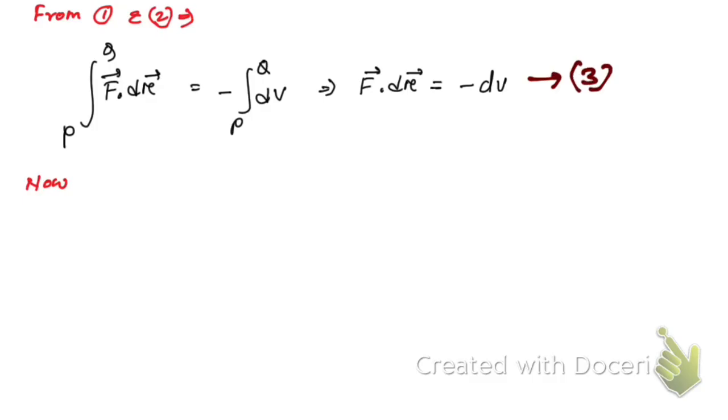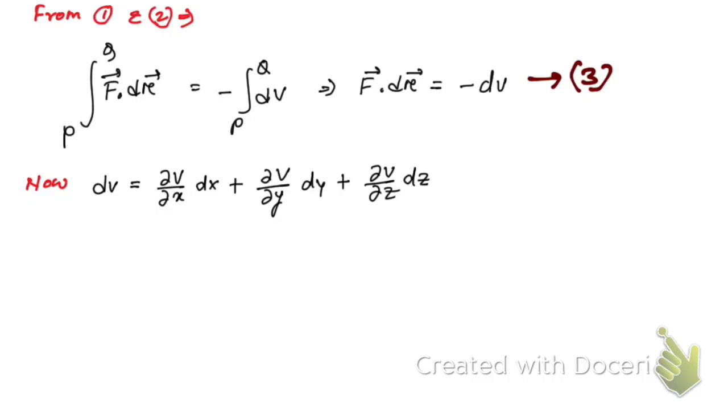Here you see dV can be written this way: del V by del x dx, then del V by del y dy. If you have the knowledge of vector calculus, then you should know these things. Del V by del z dz, right? We can write this way.